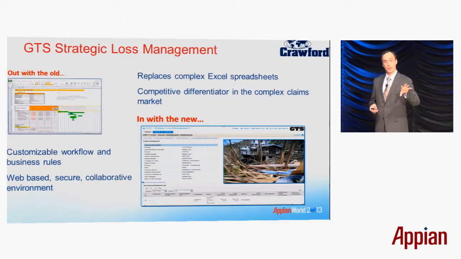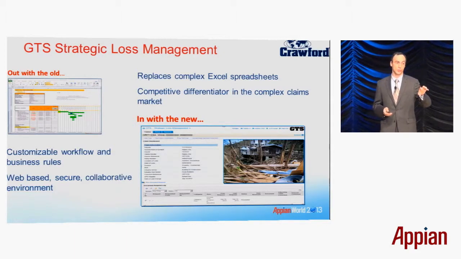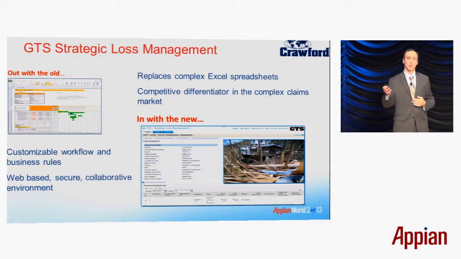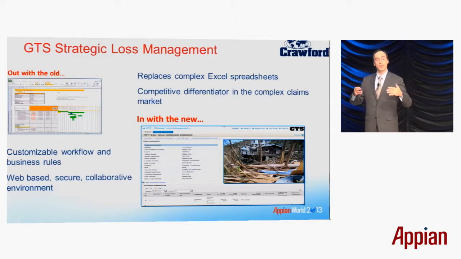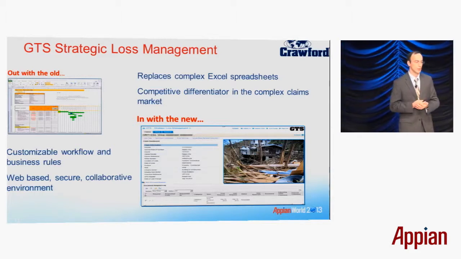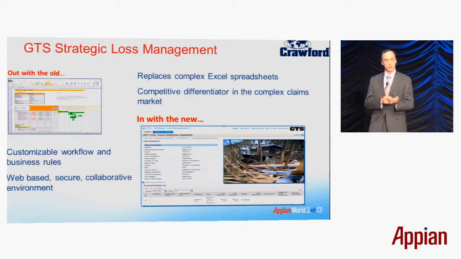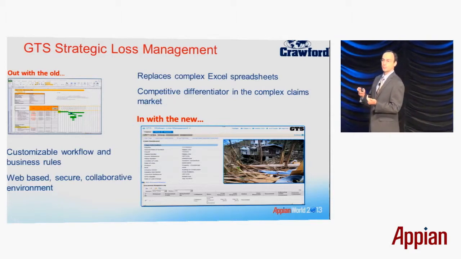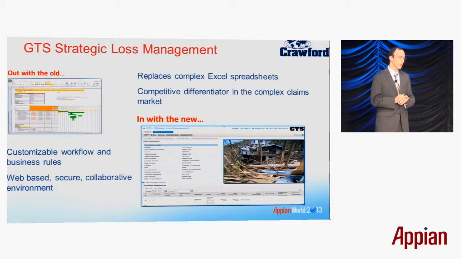It also allows us to monitor the processes in relation to GTS claim management. For example, track the status of the document request that we sent to the insured, and then follow up on it if we haven't received it. So in short, it combines some project management, document management, and collaboration capabilities into this product, and we built it on Appian.